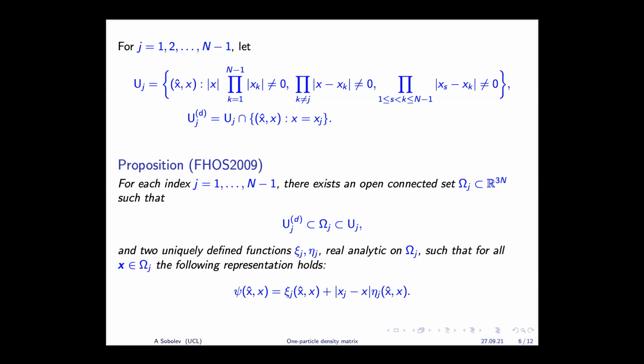There are two functions that I denote by psi j and eta j. They are both real analytic on omega j. I will show it in the picture in a moment. The function psi is represented as this sum. This is the real analytic term, and then there is also a real analytic factor eta j, but there is this explicit Lipschitz factor, xj minus x.